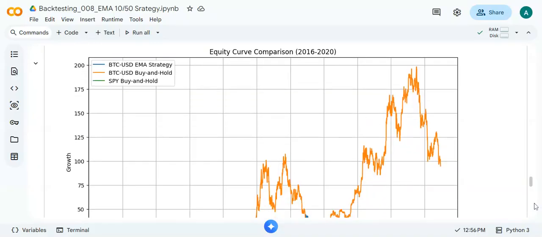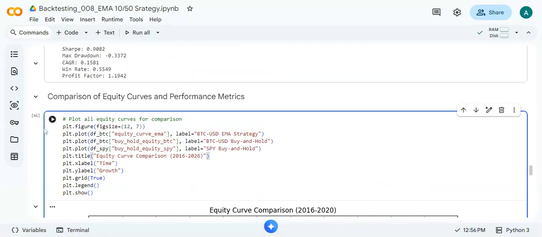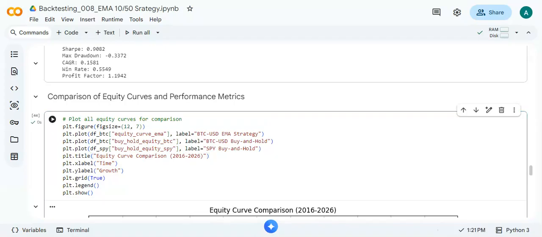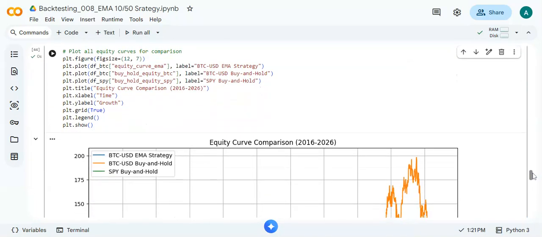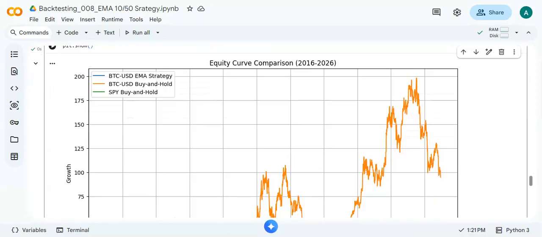Sorry, here should be 2026, it is just a typo. Yeah, let's just do it together. And previously I ran for two time periods, 2016 to 2020, just to test out-of-sample kind of analysis, but let's now just leave it aside.